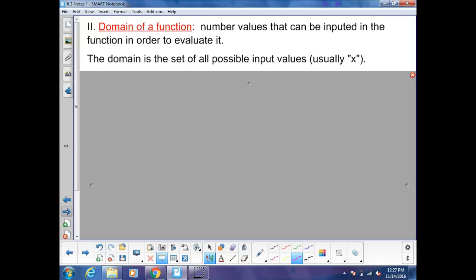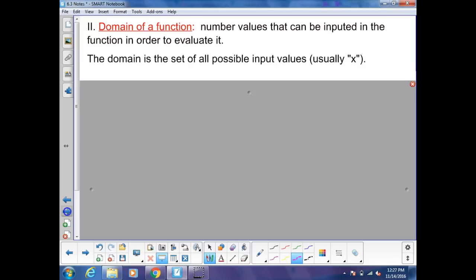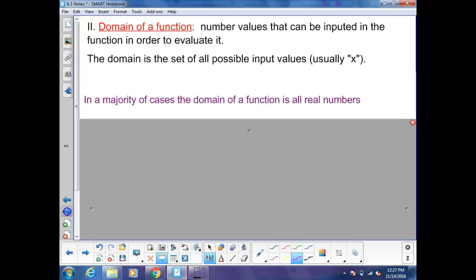Now, in a majority of cases, the domain of a function is all real numbers. If you are a writer and you want to write out all real numbers every single time, more power to you.